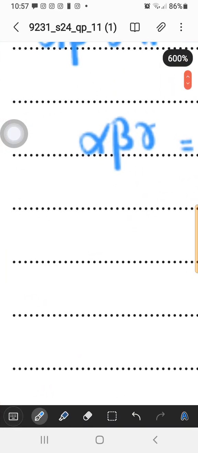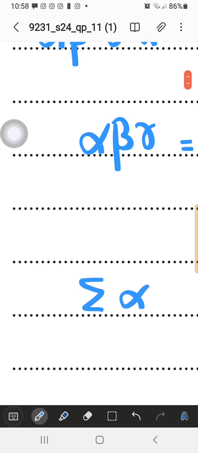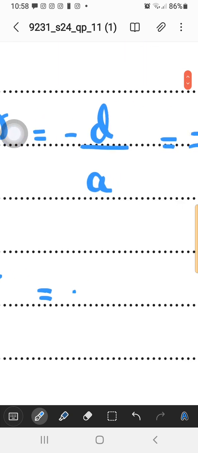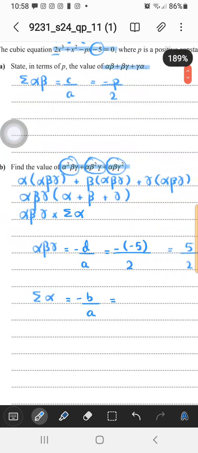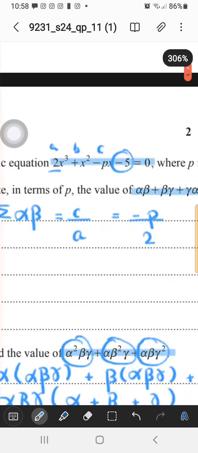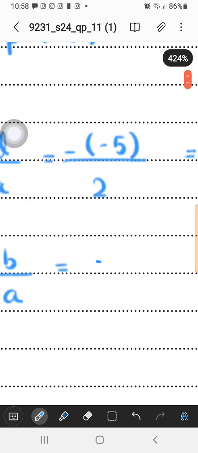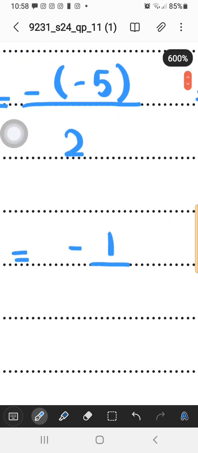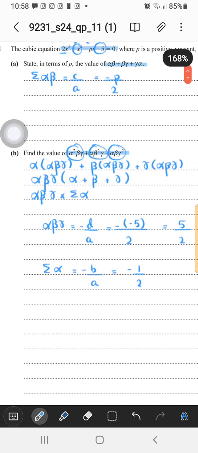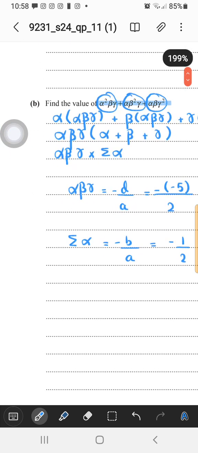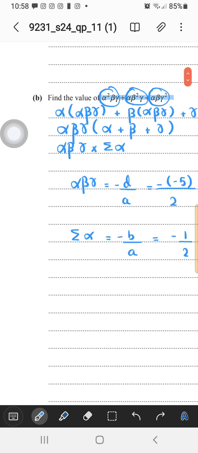Then we have to find sum of alpha. The formula for sum of alpha was negative b upon a. So what is b? B is positive 1. So we will write negative 1 upon a, which was 2, negative 1 upon 2. Okay, and we expressed that in this form.